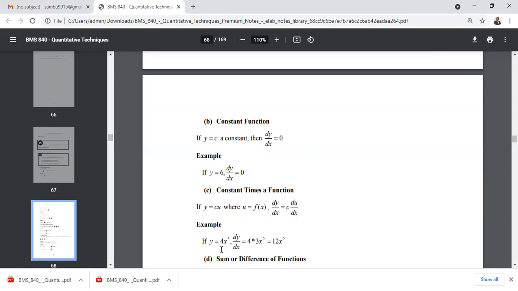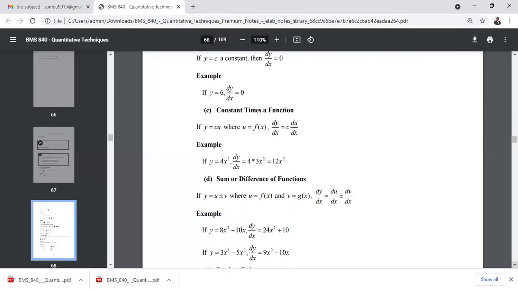A good example is this one: y is equal to 4x cubed. You take 4, then our 3 will be multiplied by 4, that is 12x, then 3 minus 1, which gives 12x squared. If you have a question, interject.